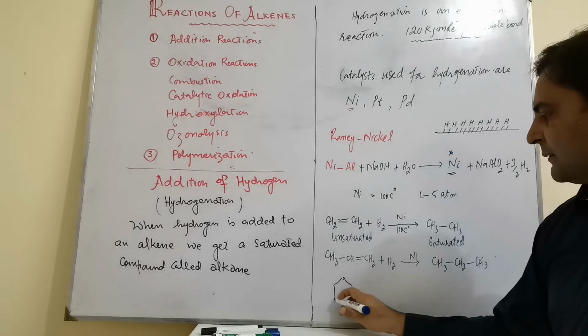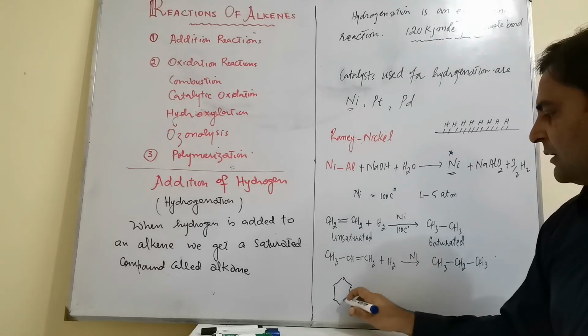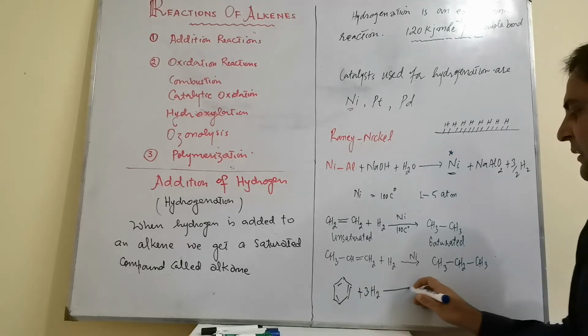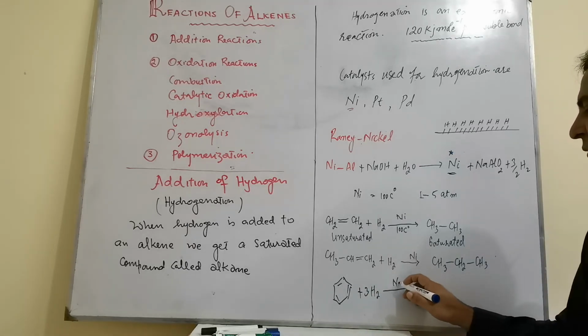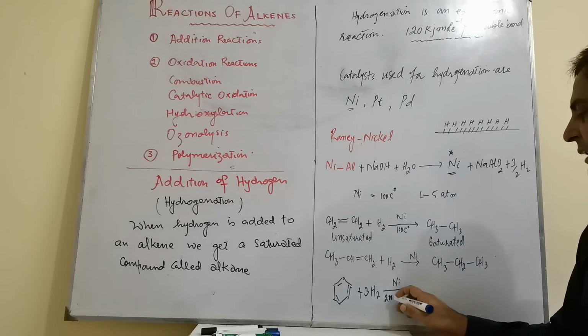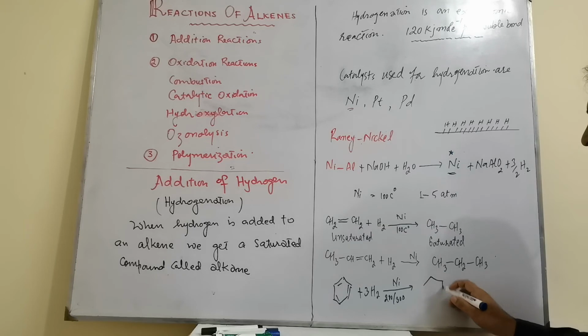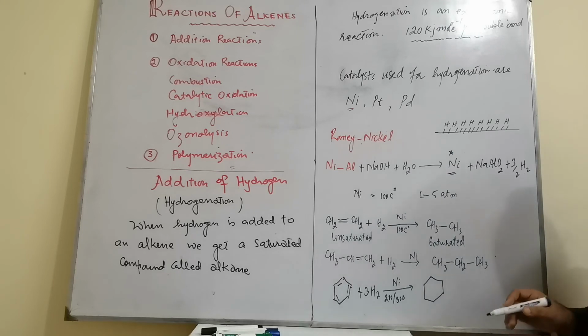Now we discuss hydrogenation of benzene. We know there are alternate double bonds in benzene. There are 3 double bonds, so 3 hydrogen molecules are added to benzene and we get cyclohexane. This is our saturated compound.